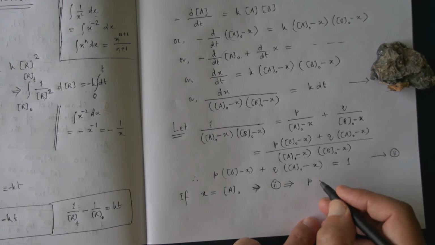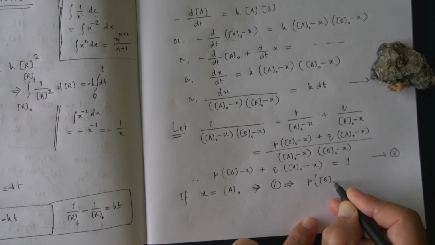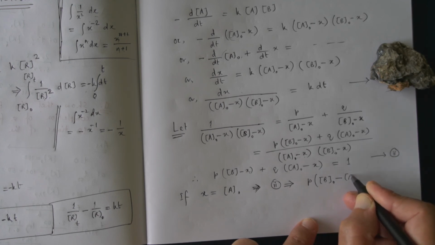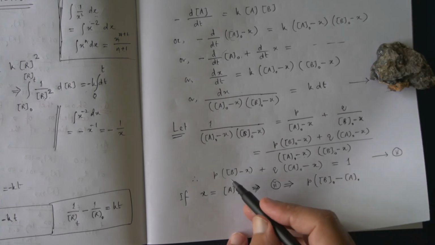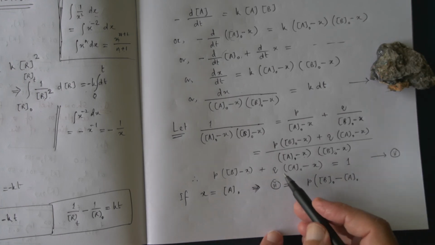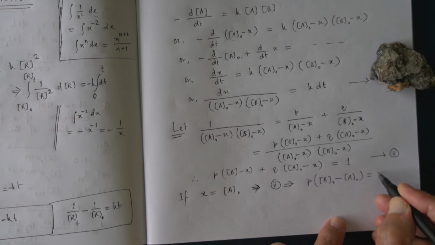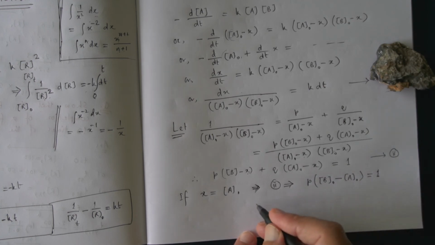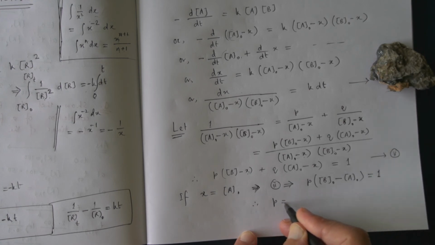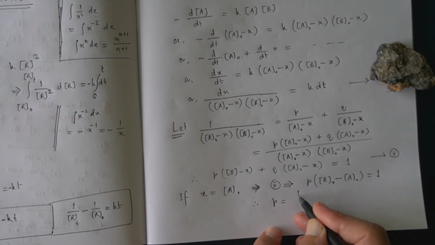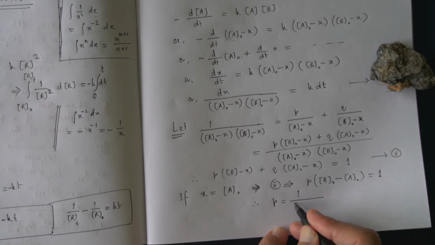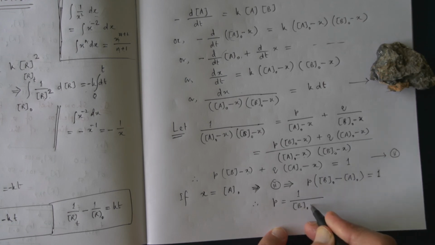P into (B naught minus A naught), and the q term is 0, so this is equal to 1. So p will be equal to 1 by (B naught minus A naught).